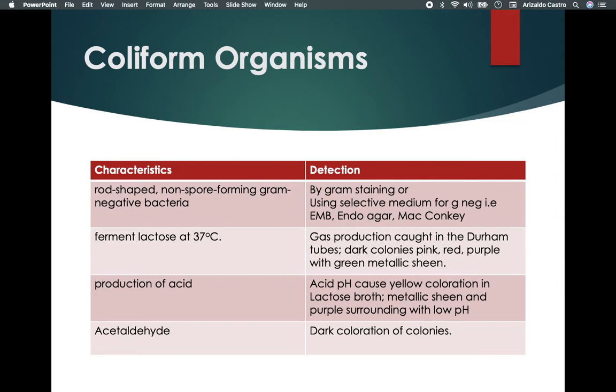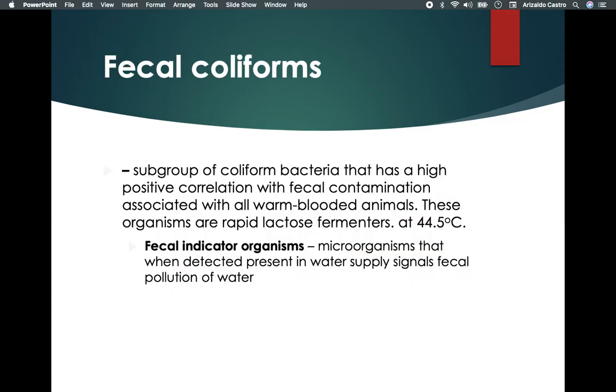Acid production is also detected because there's yellow coloration in the lactose broth after the growth of the coliform organism. And metallic sheen and purple dye production with low acidic conditions will be present. And for acetaldehyde production, we can detect it by appreciating dark coloration of the colonies when they are grown in appropriate selective medium.